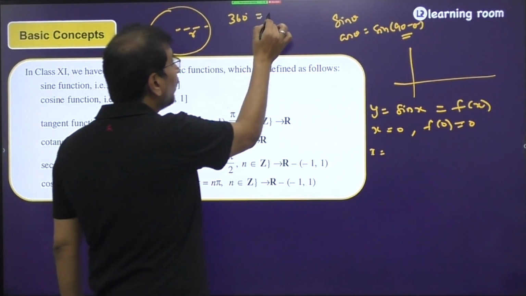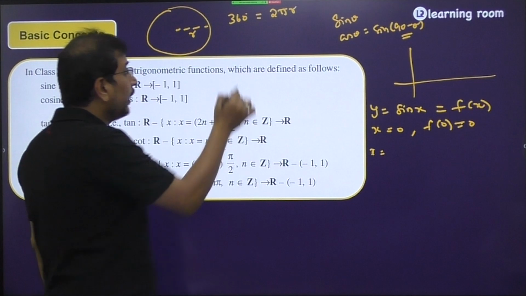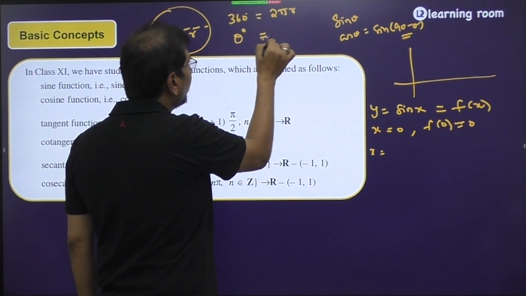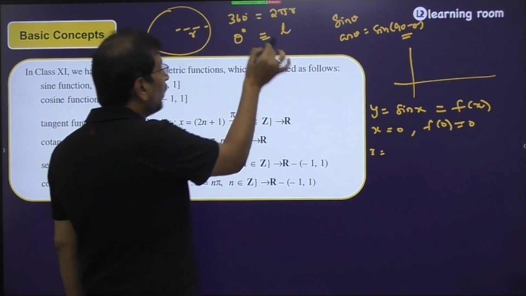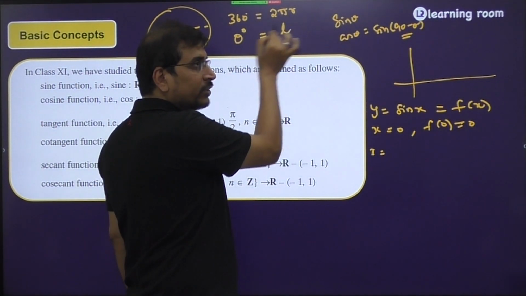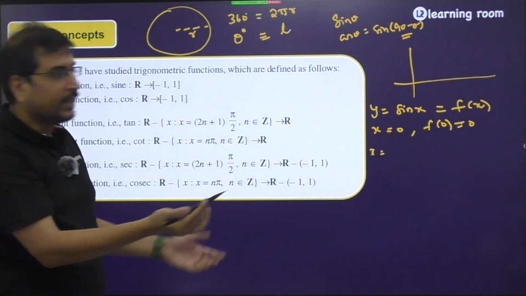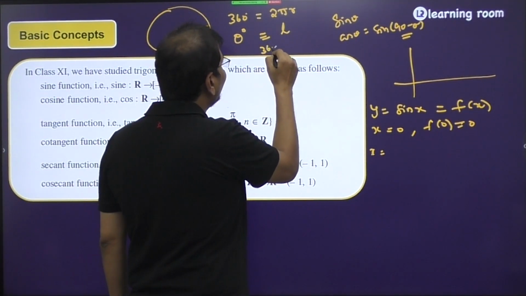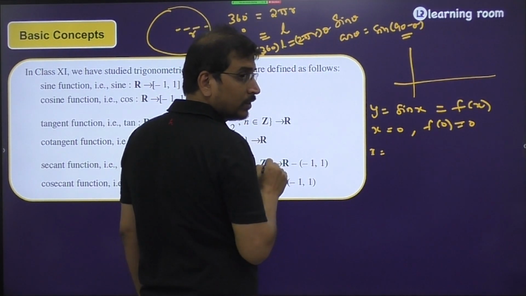I am able to cover a length of 2 pi r. If I take theta degrees, then let me say the length that I am covering is L. Then if I cross multiply, it's just the unitary method: one book costs 10 rupees, two books will cost, and so on. Cross multiply and solve. It is going to be 360 into L is equal to 2 pi r into theta.